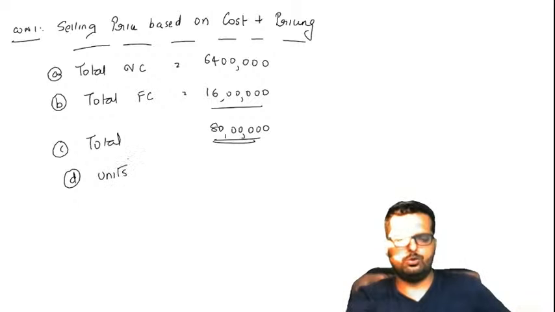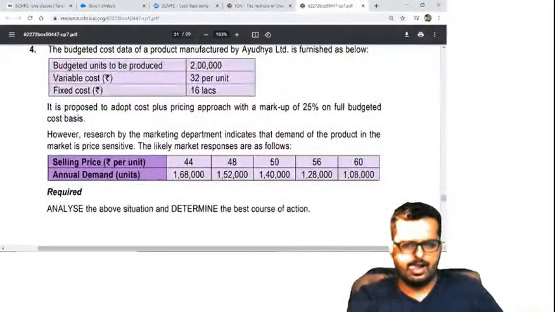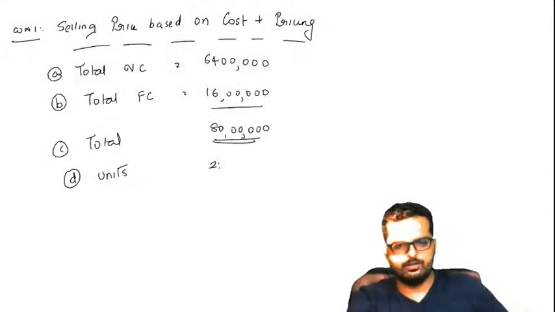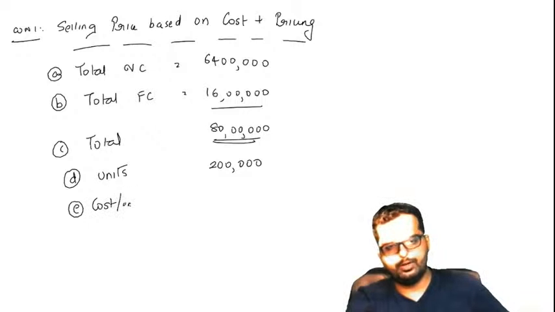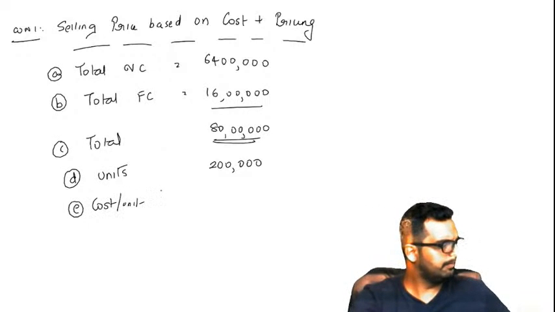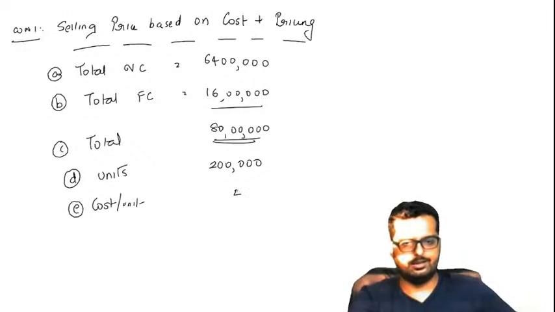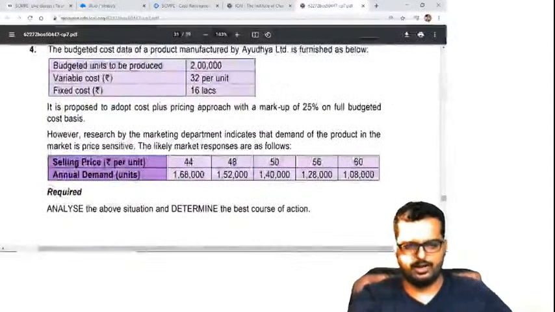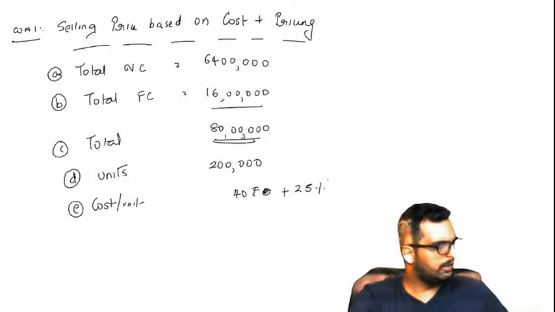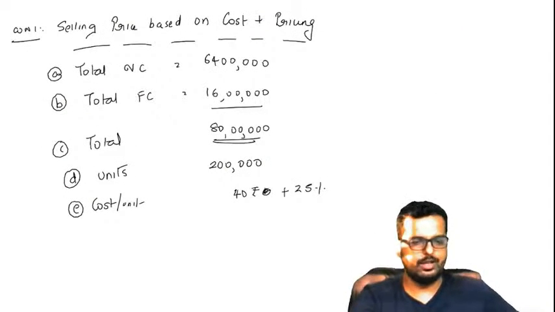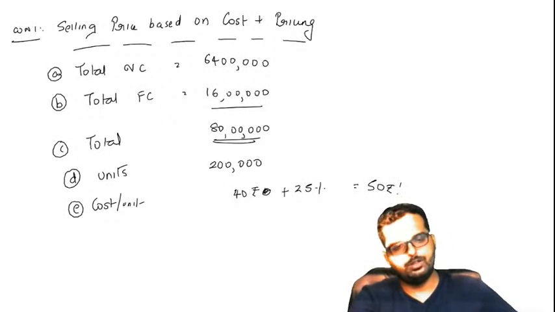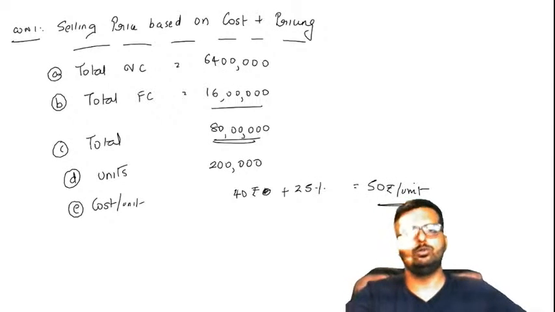And what is the number of units? We have 2 lakh units. So what is the cost per unit I get over here? Do I get the answer as 40 rupees per unit? Plus they are asking me 25% on cost. Am I right? On cost. So 40 plus 25% would give you the answer as 50 rupees per unit. Can you write down this in your books now?